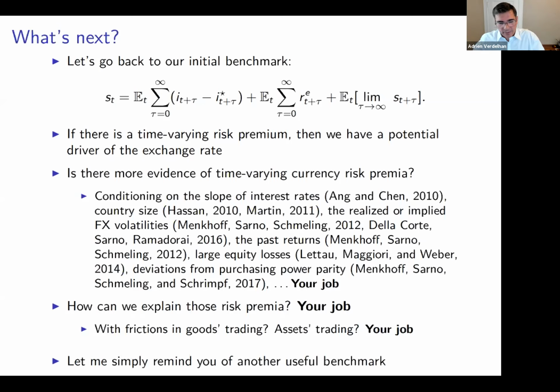Let me take this rapidly. This is a great question. The way to reconcile the two statements is the following. Unconditionally, exchange rates do not move with consumption growth. It's only when you condition on the level of interest rates that you can see something.